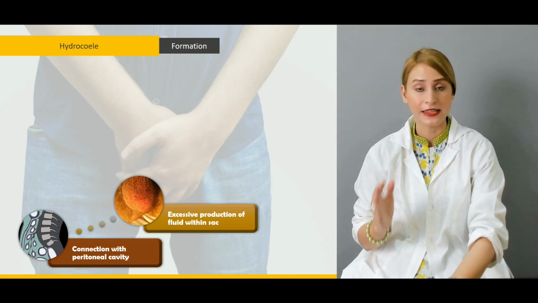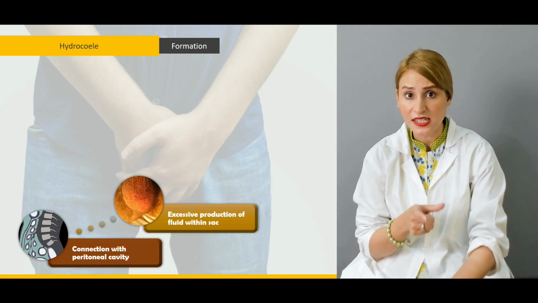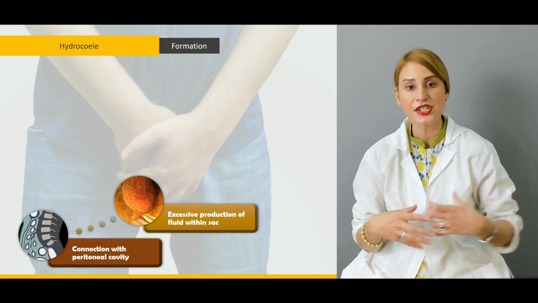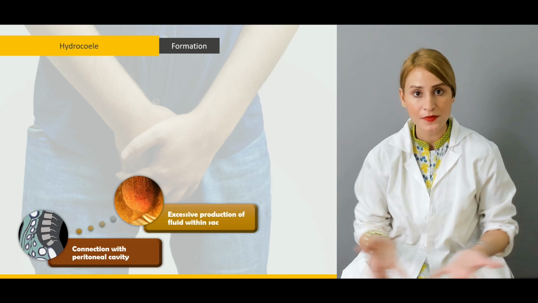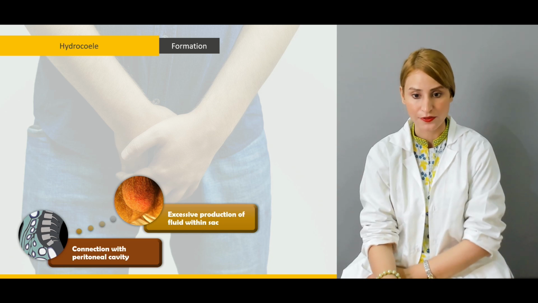But actually, the processus vaginalis is obliterated. But if it is not obliterated and the testes are in communication with the abdominal cavity, the fluid from the abdominal cavity comes into the scrotum, and that's called a hydrocele.